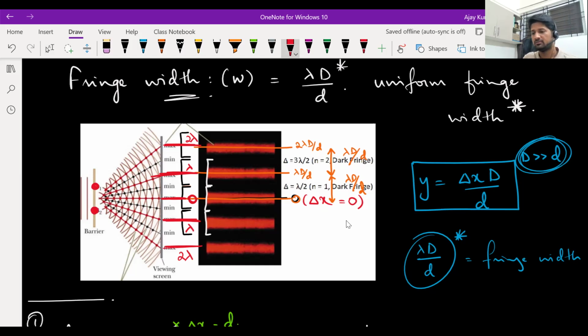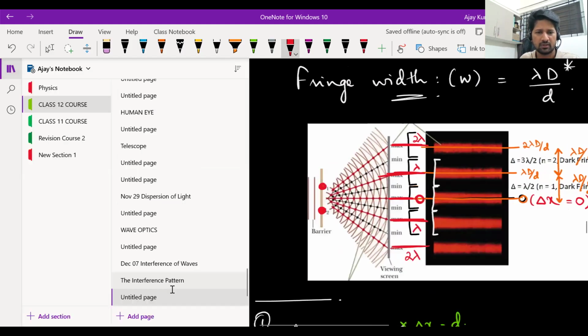So if you know with what particular phase difference the waves arrive at a point on the screen, you can comment on the intensity at that point, both in cases where the sources are of the same intensity and in cases where the sources are of different intensities. So those detailed calculations are what we are going to discuss today.